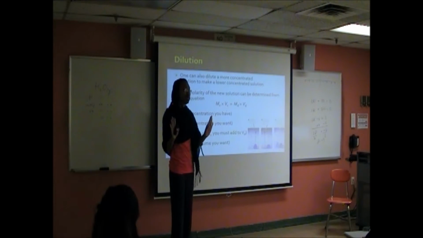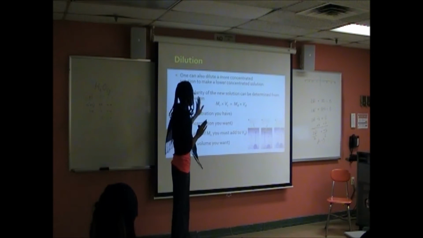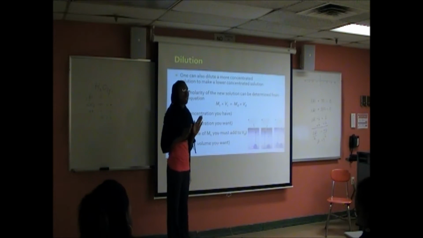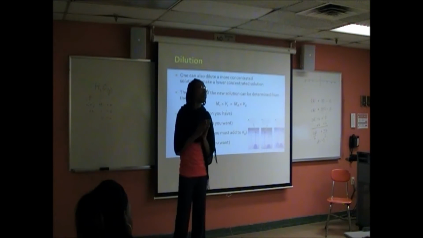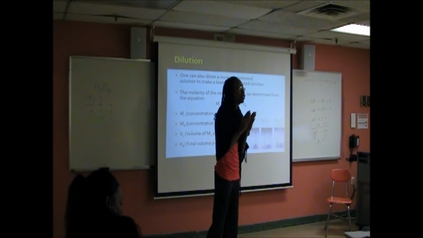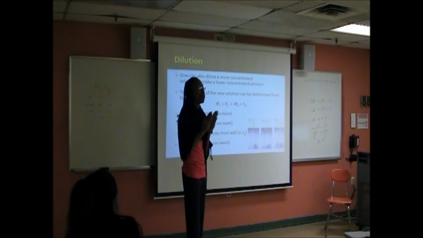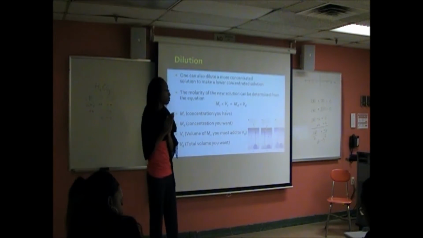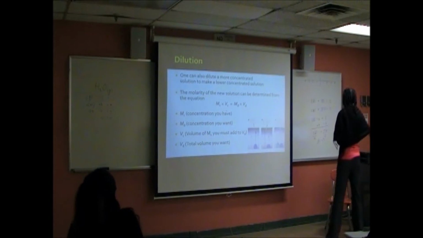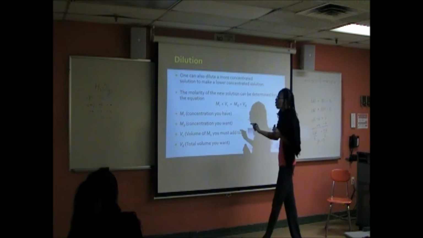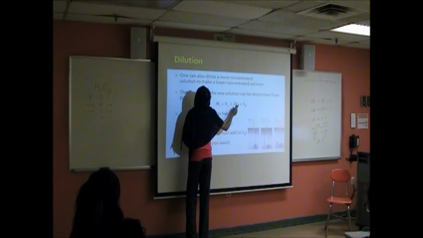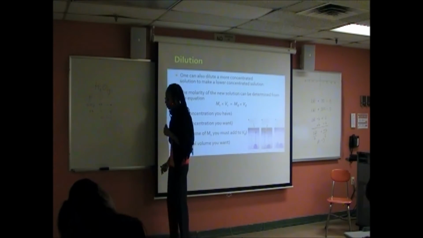Now we have dilution. This slide is a little cumbersome. Dilution is simply making a lower concentration solution from a higher concentration solution. That's all it is. In the book, we have MC times VC equals MD times VD.